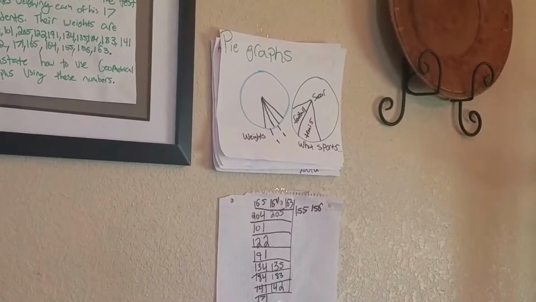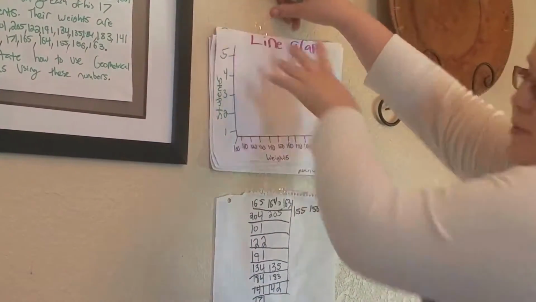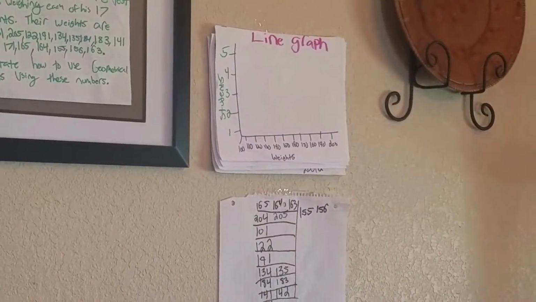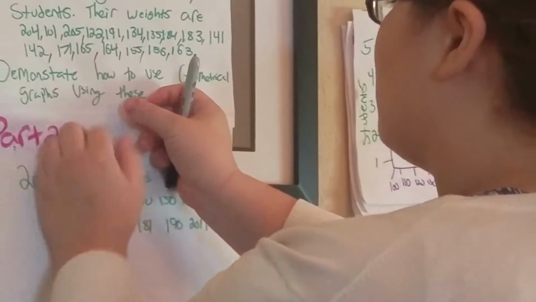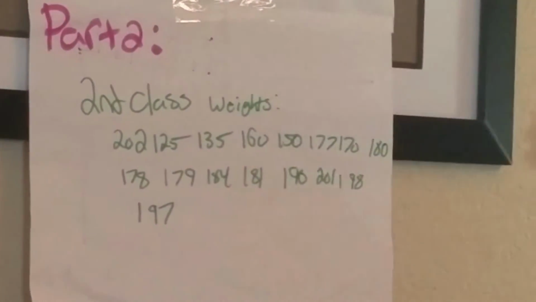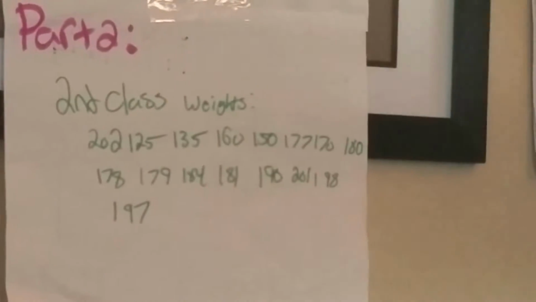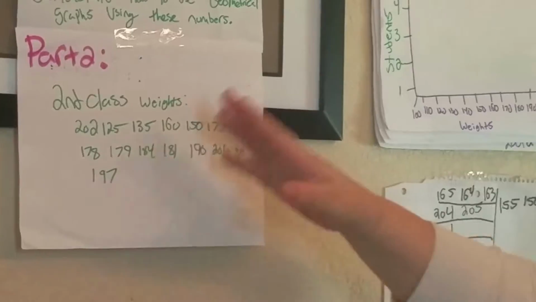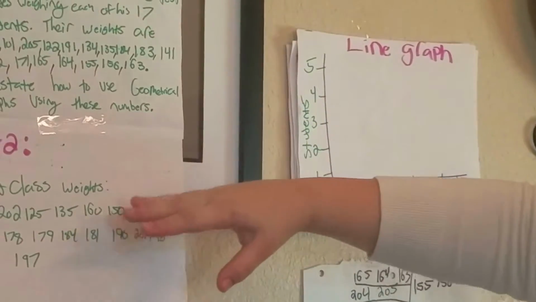And the last one that we're going to go over is a line graph. Now we're actually going to introduce some more information. That way we can properly demonstrate what type of problem is best used for a line graph demonstration. So line graphs are mainly used to compare the differences in weights between two classes.